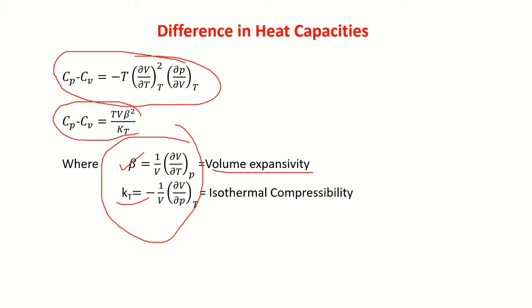So Cp minus Cv is equal to T v beta squared by kT. So beta is this and kT is given by this.